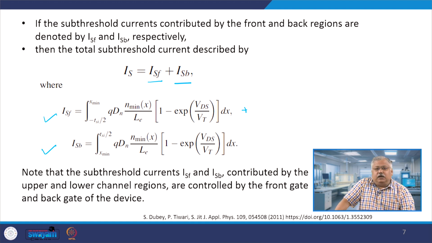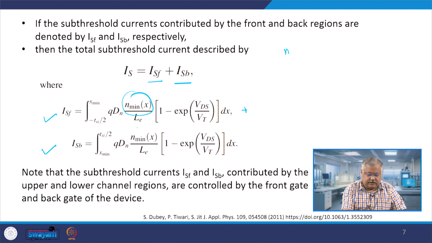You can ask me, at least from these expressions it is not clear how the value of gate to source voltage is responsible. Well, the gate to source voltage is responsible for N min. You see this expression here, N min of x, this and this come from VGS, right.